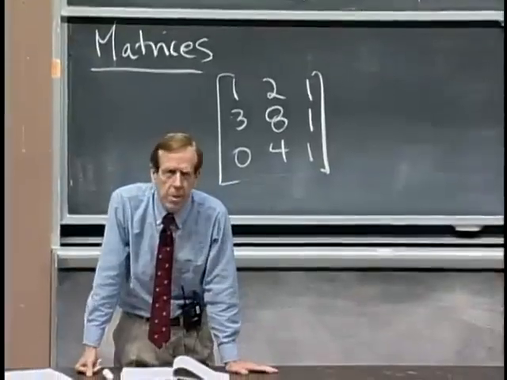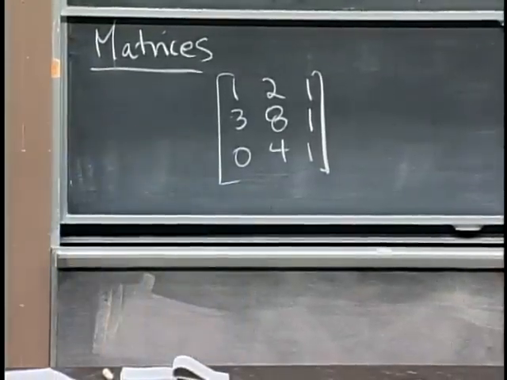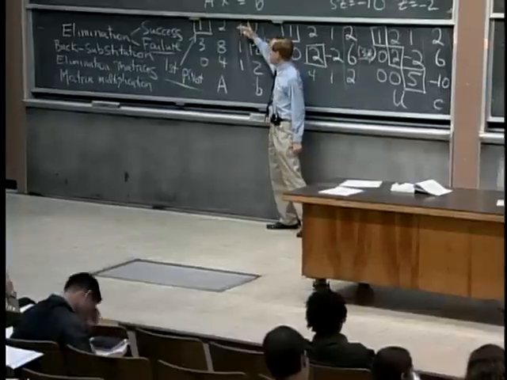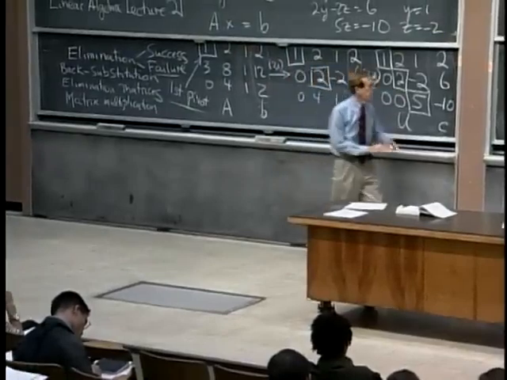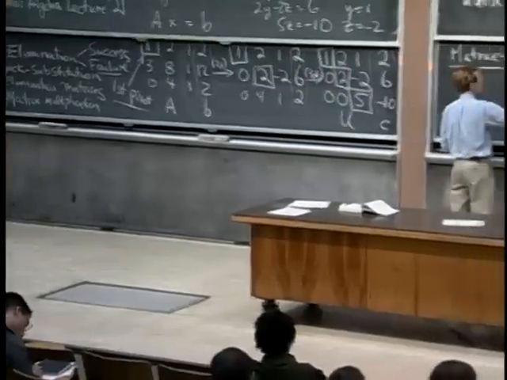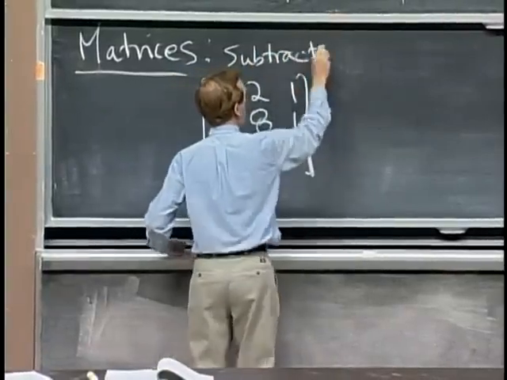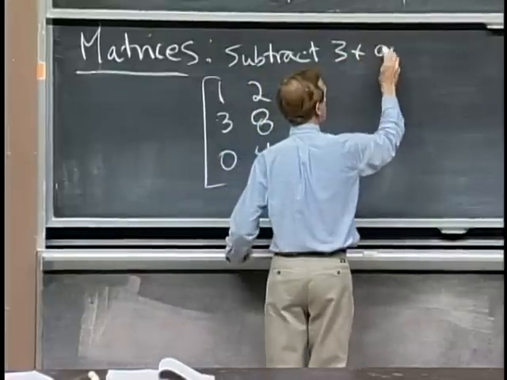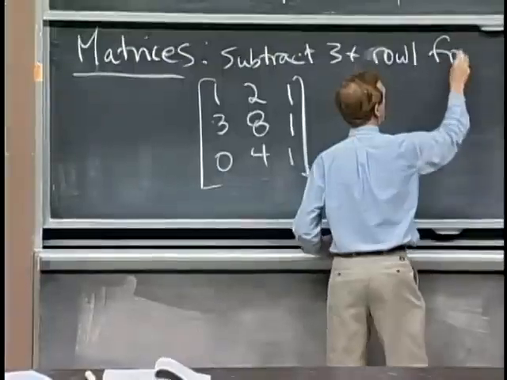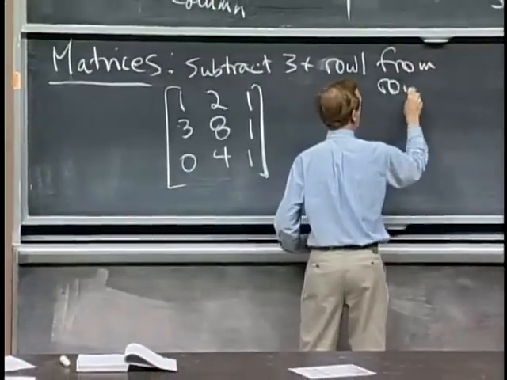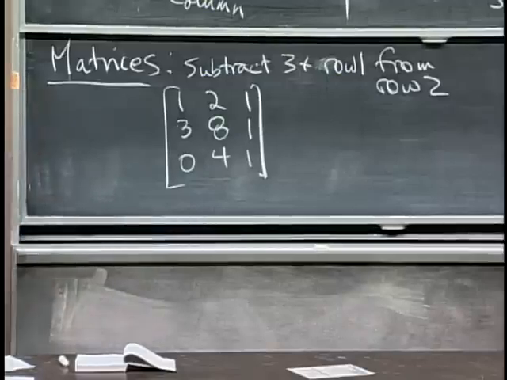Okay, now my question is, what's the matrix that does this first step, that subtracts 3 of equation 1 from equation 2? That's what I want to do. So this is going to be a matrix that subtracts 3 times row 1 from row 2 and leaves the other rows the same.